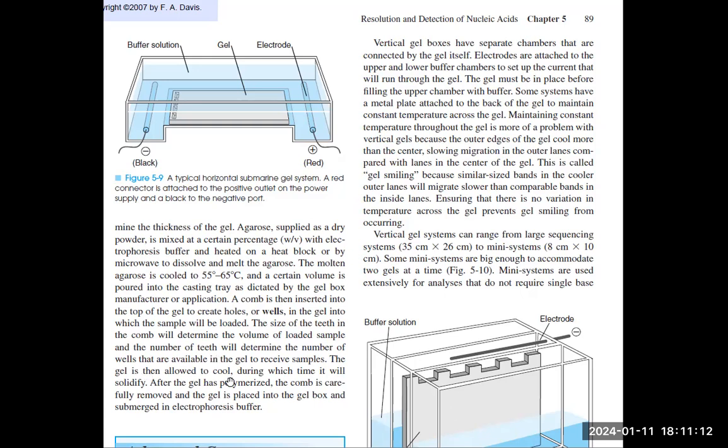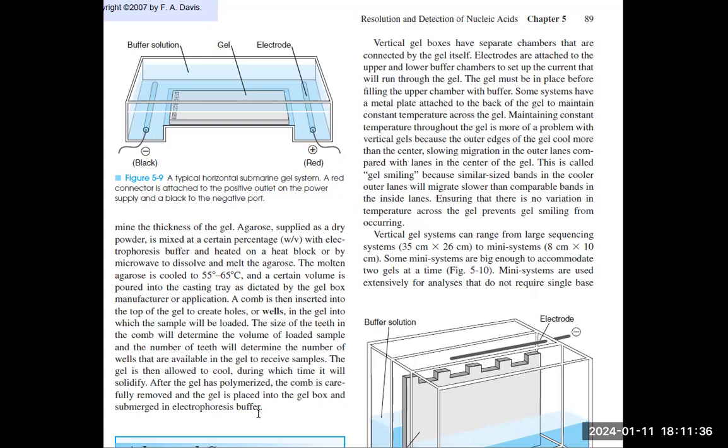Okay. So after the gel has polymerized, the comb is carefully removed and the gel is placed into a gel box and submerged in electrophoresis buffer. So how to do it? First is to melt our powdered agarose, resuspend it in the buffer, and then melt it inside the microwave or a hot plate, but it's best to use the microwave.